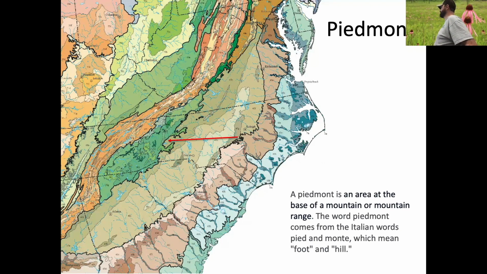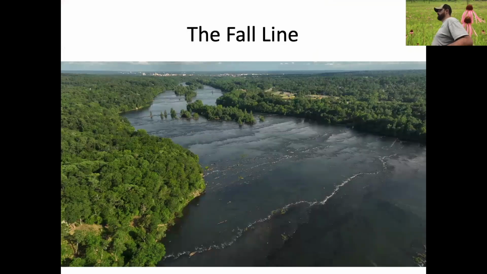It's a geologic term. So the fall line is this term we say that divides the Piedmont in this case from the coastal plain. And what you'll notice is that all these rivers begin to drop down, right? You'll see that there's rapids here. And importantly, the coastal plain mostly has unconsolidated sediments like sand and silt and gravel.